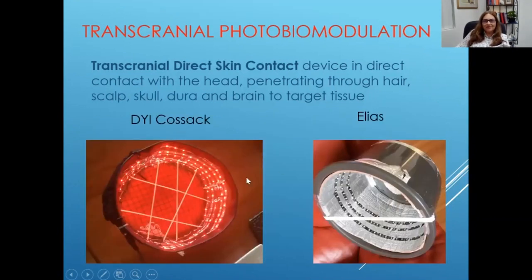Now, this is another device actually originally developed in Australia. And this was for Parkinson's research. And they were trying to make a device that was literally do it yourself. And this is the CalTech, and it's a number of LEDs on strings and put together either in, the later version, it was just wrapped, and then the later version is Elias.